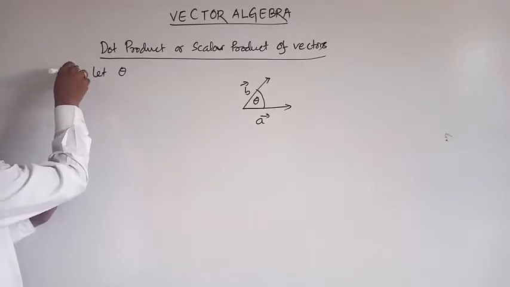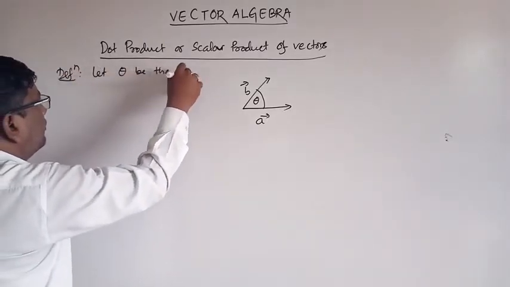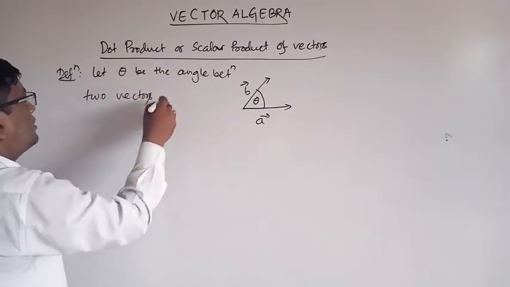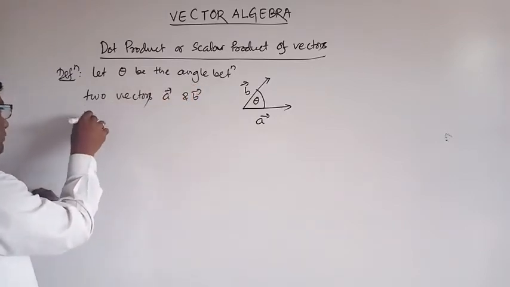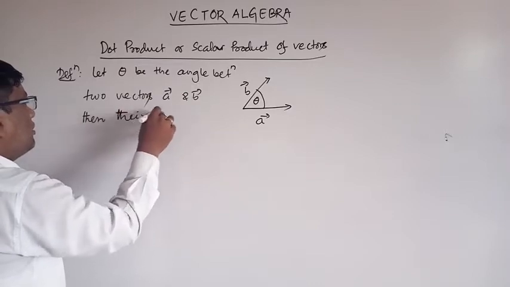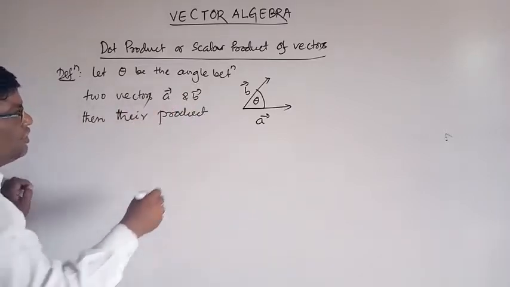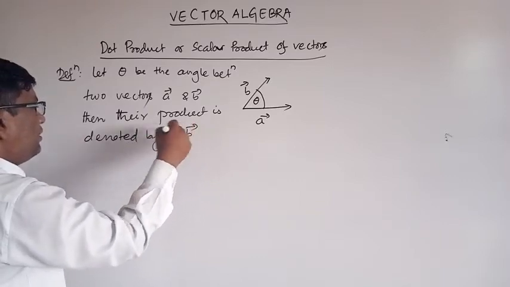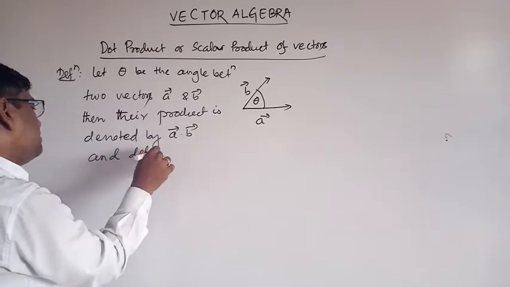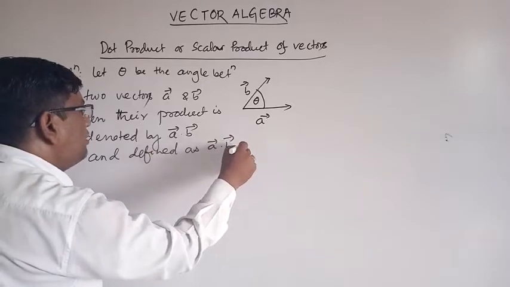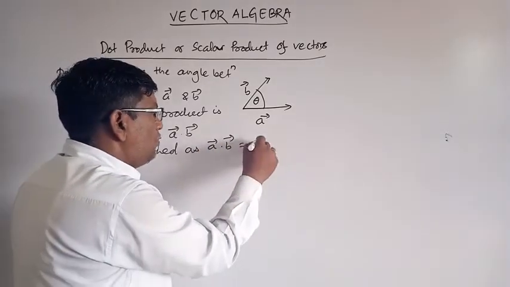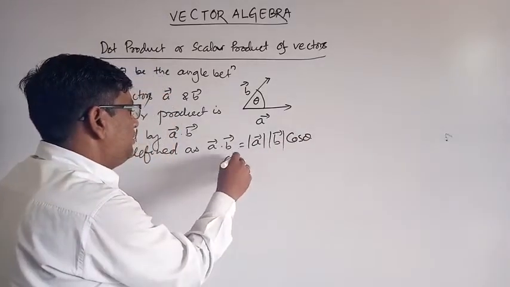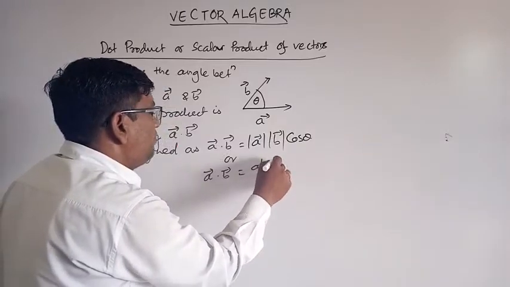Definition: let theta be the angle between two vectors A and B, then their dot product is denoted by A dot B and defined as A dot B is equal to magnitude of A, magnitude of B and cos theta, or simply A dot B is equal to AB cos theta.